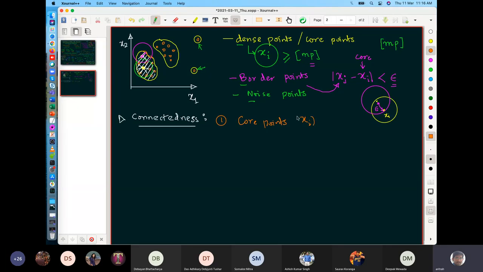Suppose xi is a core point, and xi is directly connected to a point xj, meaning that within a circle, within a radius, if I find a radius where the minimum points threshold is satisfied, all xj points are directly connected to the core point. So we say directly connected.